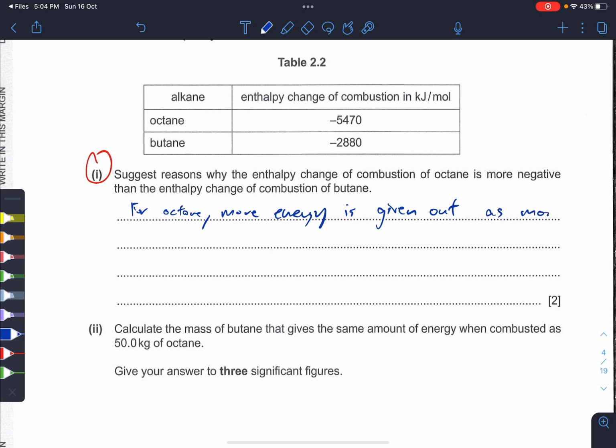Stronger bonds give out more energy. More strong C double bond O and O single bond H bonds are formed. This will be the basis of my argument.